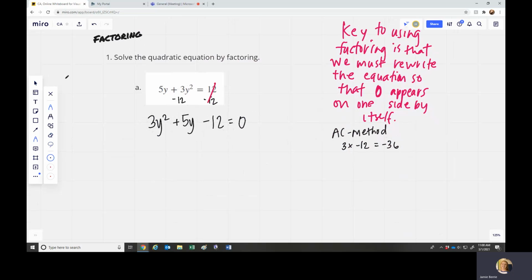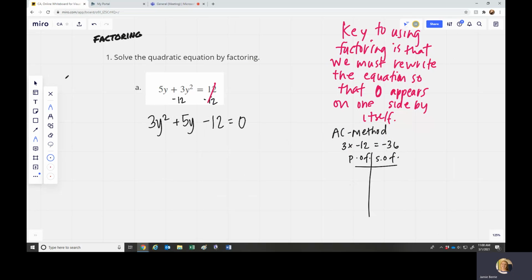Now, our next step is that we look for factors of negative 36 that add to 5. You remember, we can make this little table, pairs of factors, sums of factors.